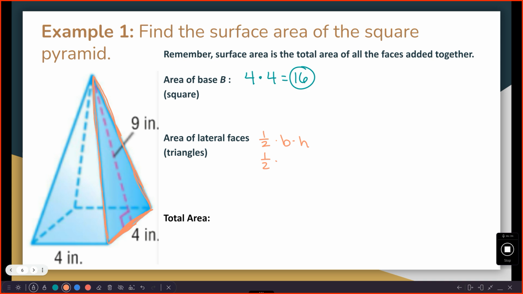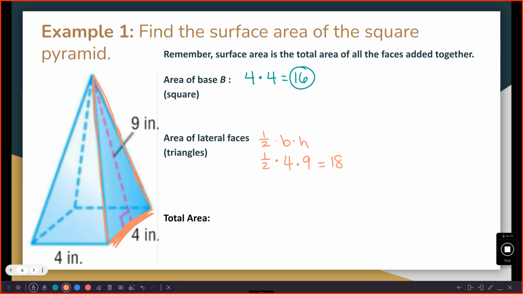So we're going to do 1/2 times the base of the triangle, which is 4, times the height, the slant height, I should say, which is that, and that is 9. So we're doing 1/2 times 4 times 9. Well, half of 4 is 2, and then 2 times 9 gets you 18. So one of those triangles' areas is 18.